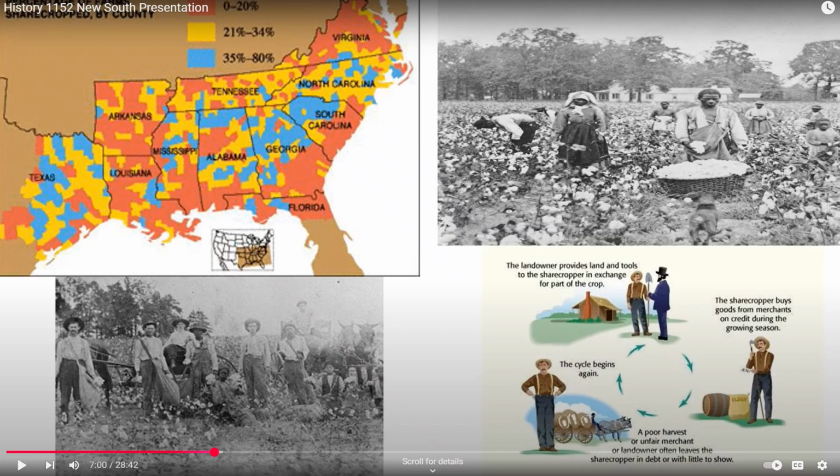He will owe money to the landowner, owe money to the general store owner, and they can actually take out what are called crop liens against the sharecropper, meaning that future cotton crops or future produce from the farmstead can be withheld and taken by the creditors from the debtor, the farmer.